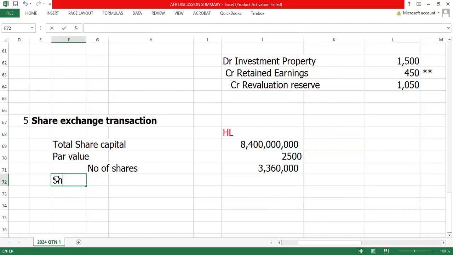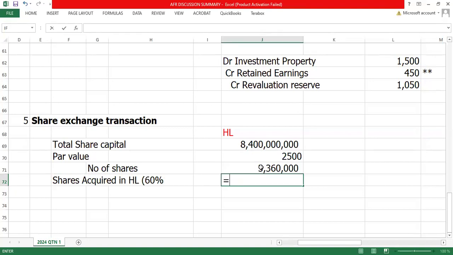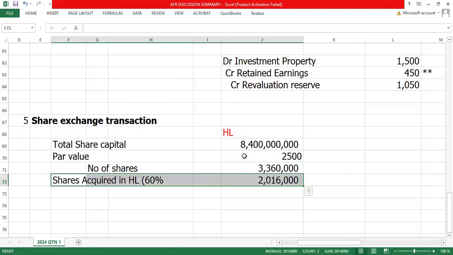Shares acquired in HL, it was what? 60%. You have an interest of 60% in HL. So if you get this times 60%, that's your interest. That's what you acquired.